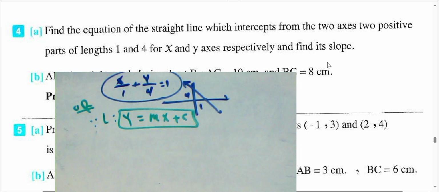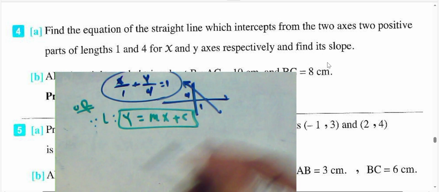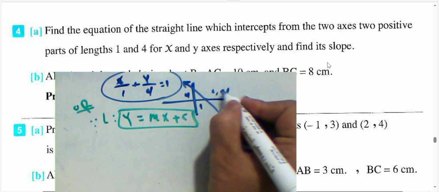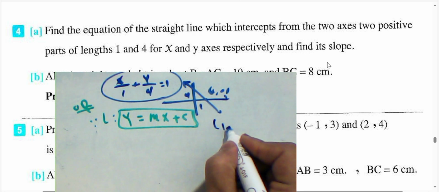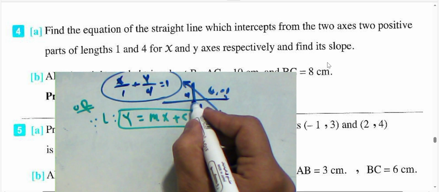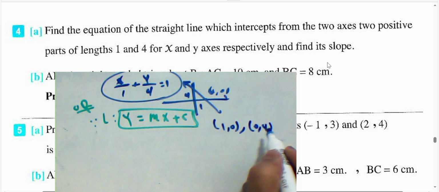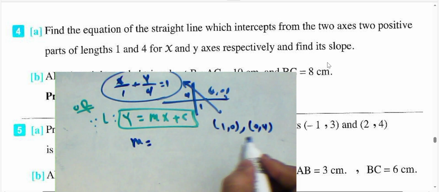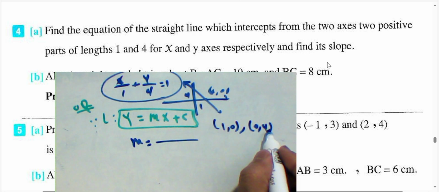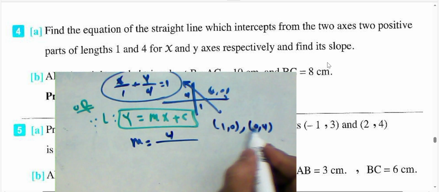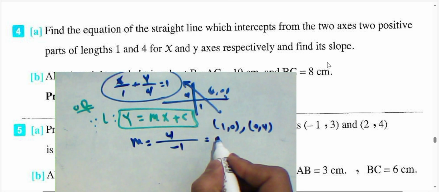Next step, we have two positive parts. Then the first point will be (1, 0) and the second will be (0, 4). You can find the slope about the two points: 4 minus 0 is 4, 0 minus 1 is negative 1. Then the slope will be negative 4.